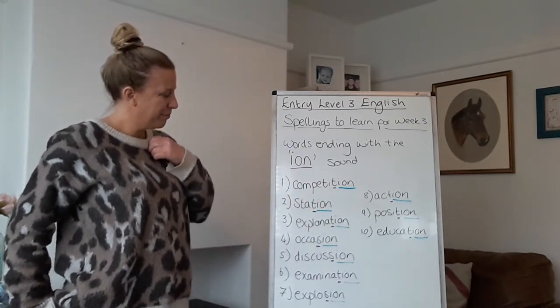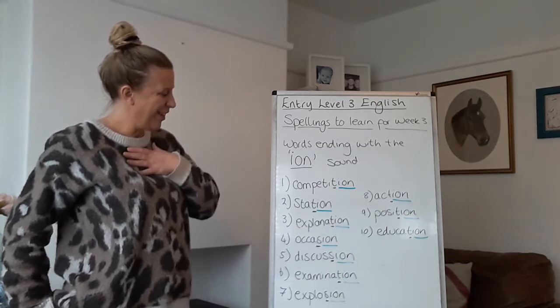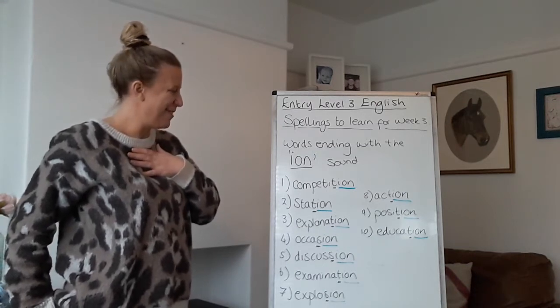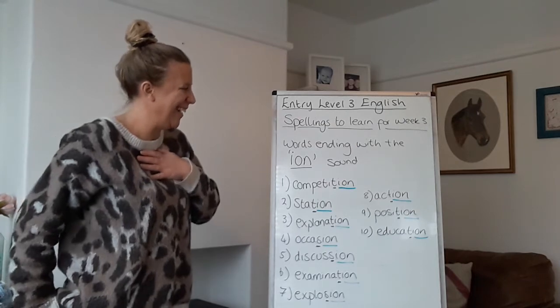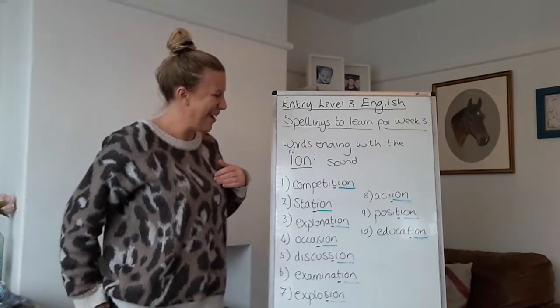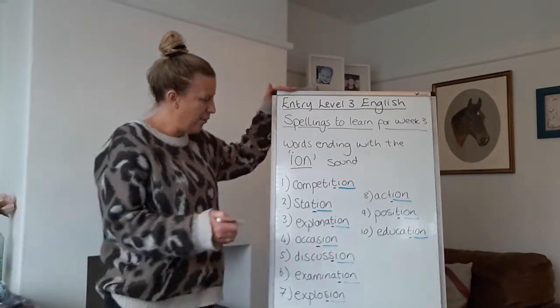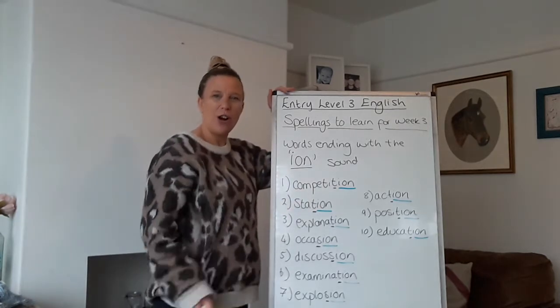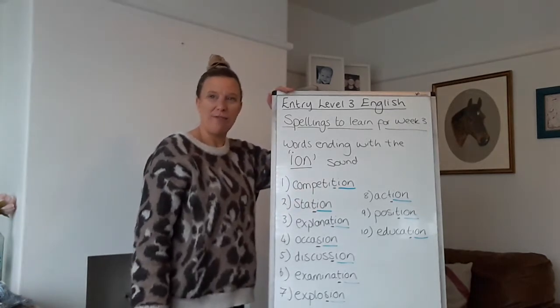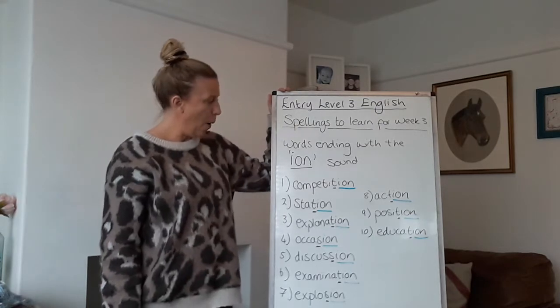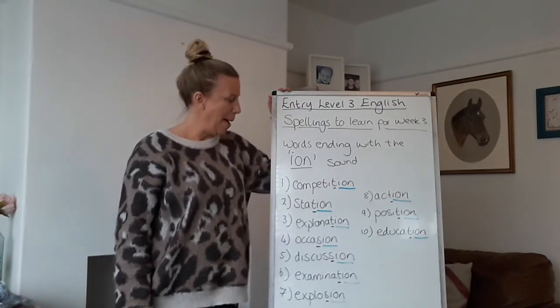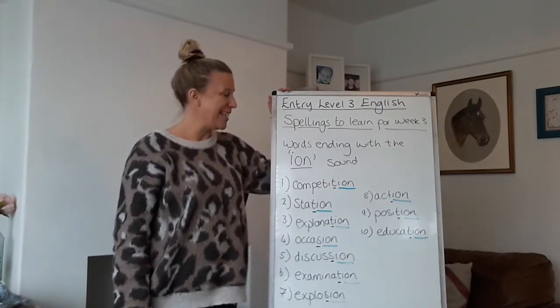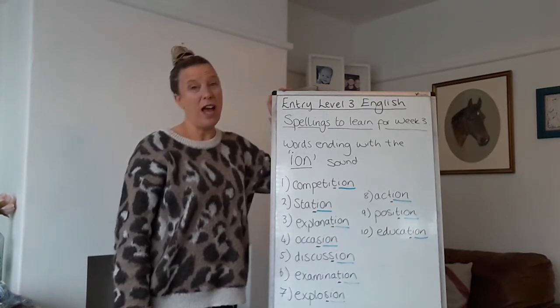I'm trying to think of an easy way, but no, I can't think of an easy way to learn them. These are just things that you have to learn. So number 1, competition, C-O-M-P-E-T-I-T-I-O-N.